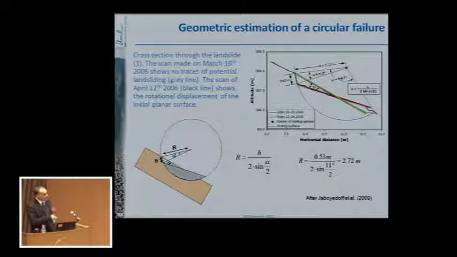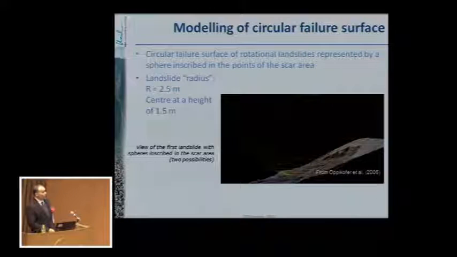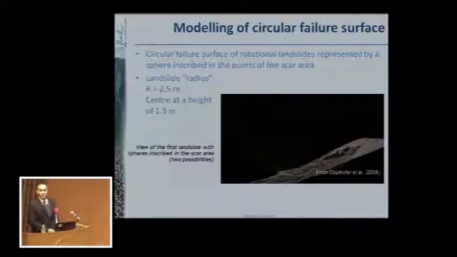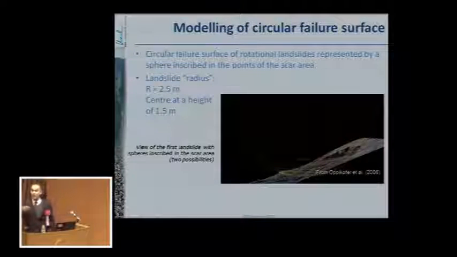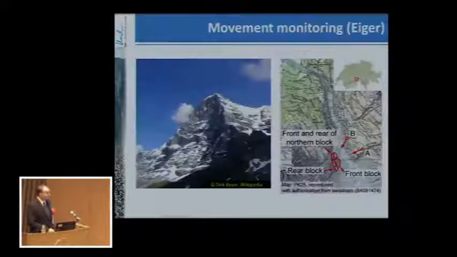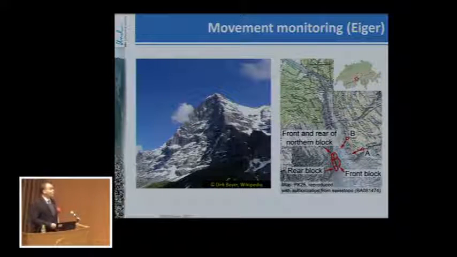And this is the simple formula to calculate that. And this is really efficient to analyze. This is the way we can start to analyze and demonstrate former hypotheses using this new data. Now I will move to another example, which is the monitoring of the Eiger.